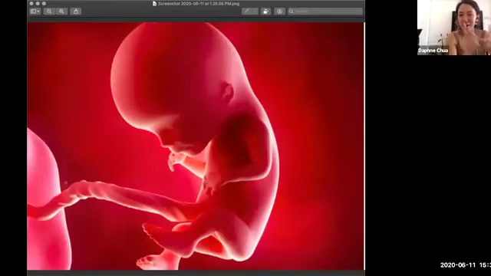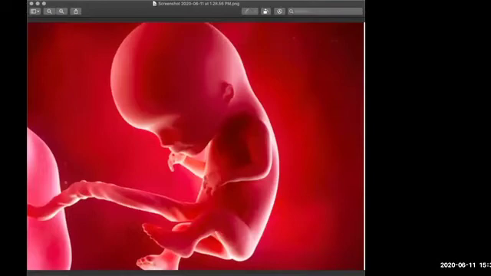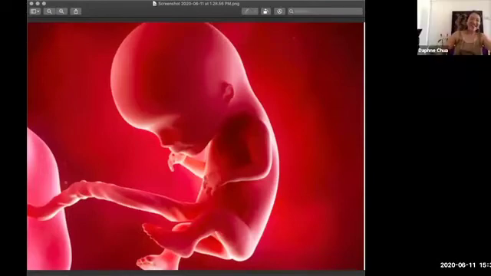Okay, so this is week 12 of fetus. It's very developed. It already has a beating heart. The heart has 4 chambers. It has kidneys that make urine. It has bone marrow that makes blood. So all these intrinsic capabilities are already present and developed.